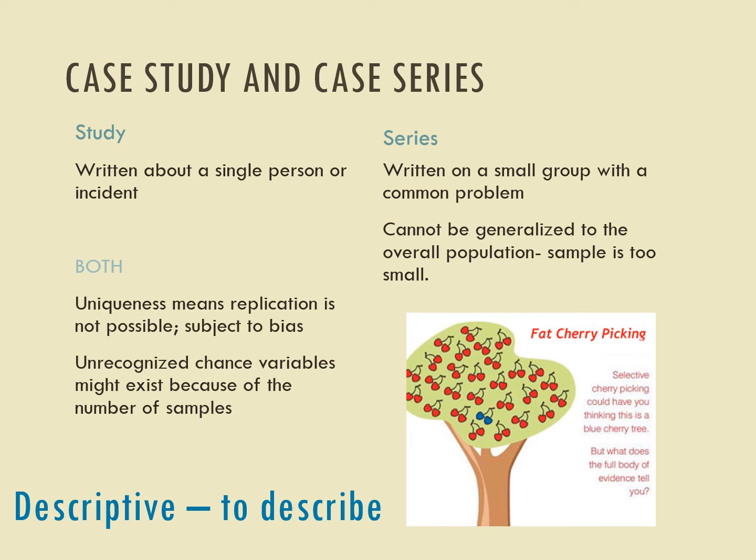This is a good time to talk about cherry picking. When you only study one tiny sample out of the overall sample, it's going to lead you to certain assumptions or conclusions about data that is possibly not true.